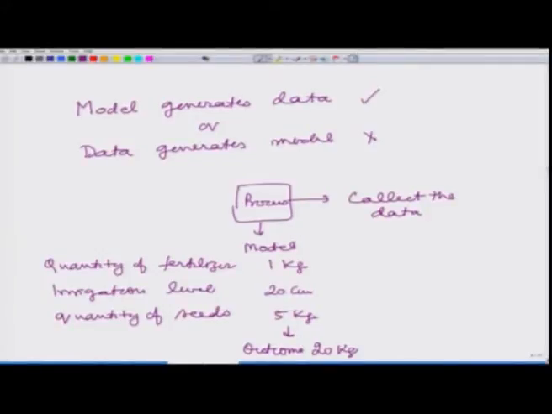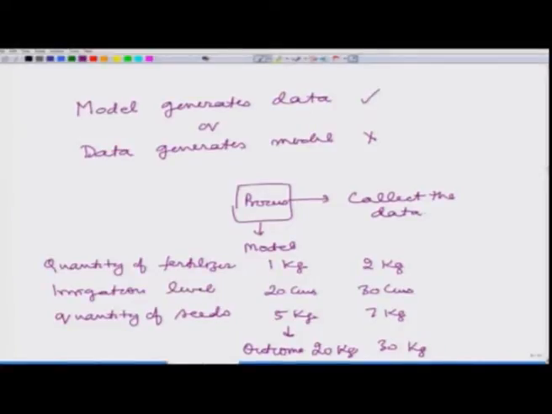Now I repeat this experiment again with some different values. For example, now I use 2 kg of fertilizer, 30 centimeters of irrigation, and 7 kg of seeds, and suppose this time I get 30 kilograms of yield. So we conduct this type of experiment and collect the data.